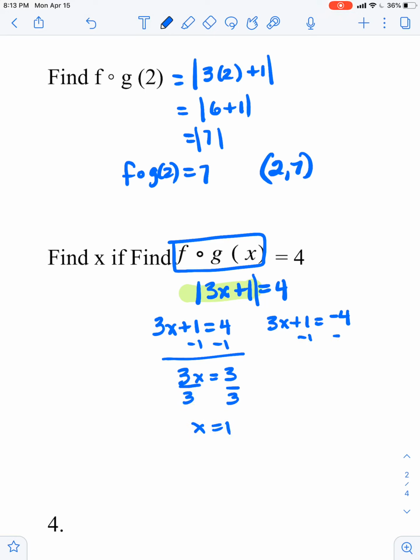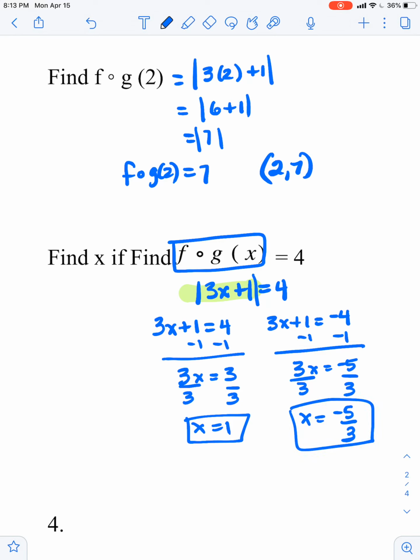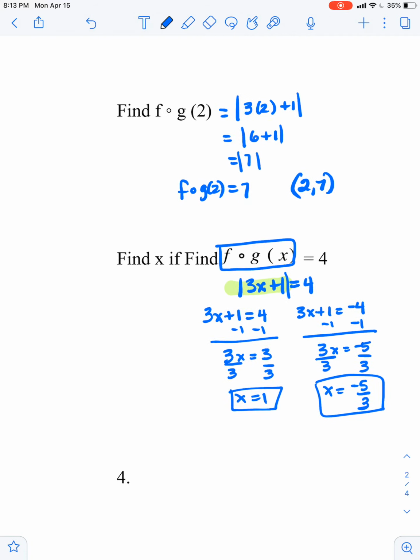Okay, and then same thing on the other side. Okay, and then that would be our answers here. Okay. Okay, how hard is that?